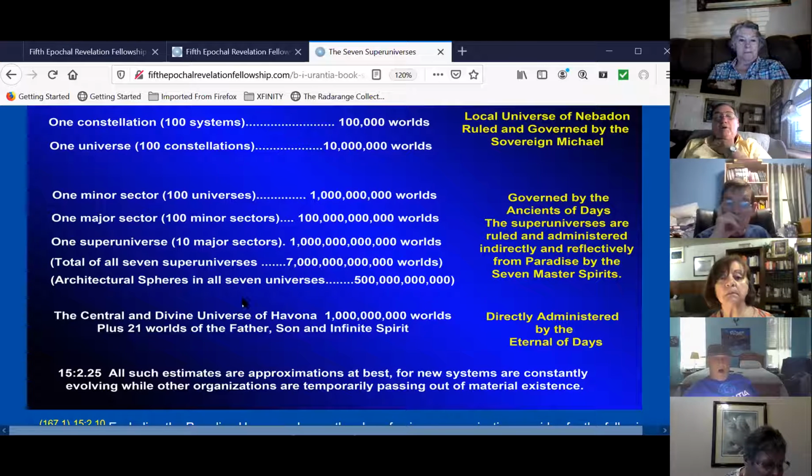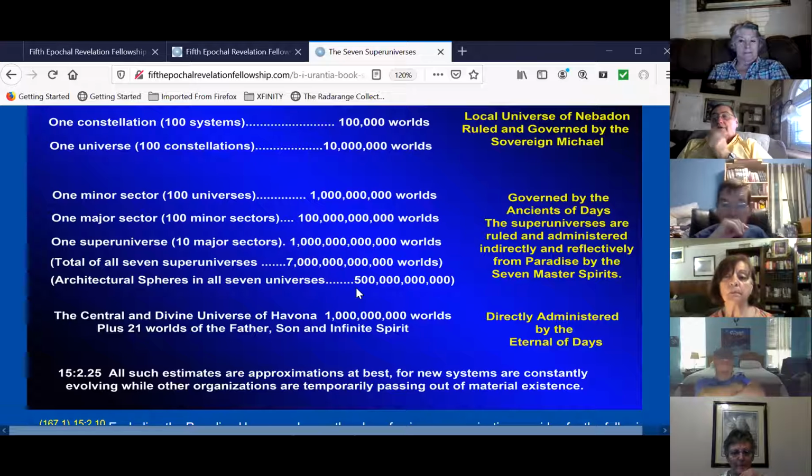Now, the interesting part about this is this. The architectural spheres in all 7 super universes comes to what? 500 billion worlds. Now think about this. Havona has 1 billion worlds.